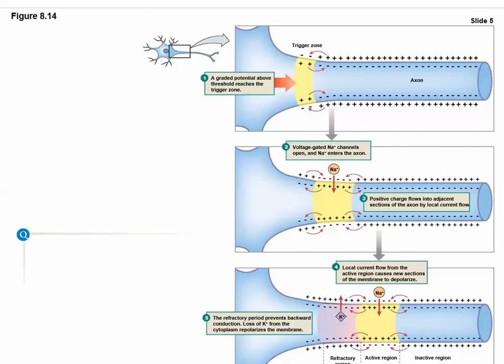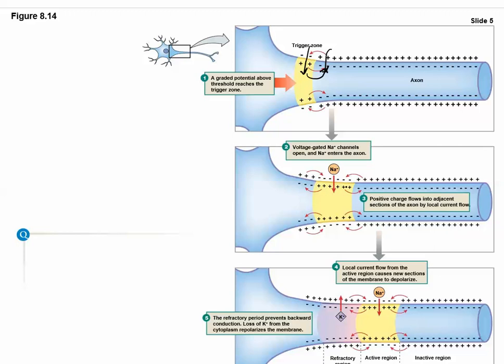So this is what I was talking about. We start here with the depolarization. Sodium rushes in, depolarizes the cell. That's going to cause this section to depolarize. Sodium rushes in, depolarizes the cell. So it spreads.